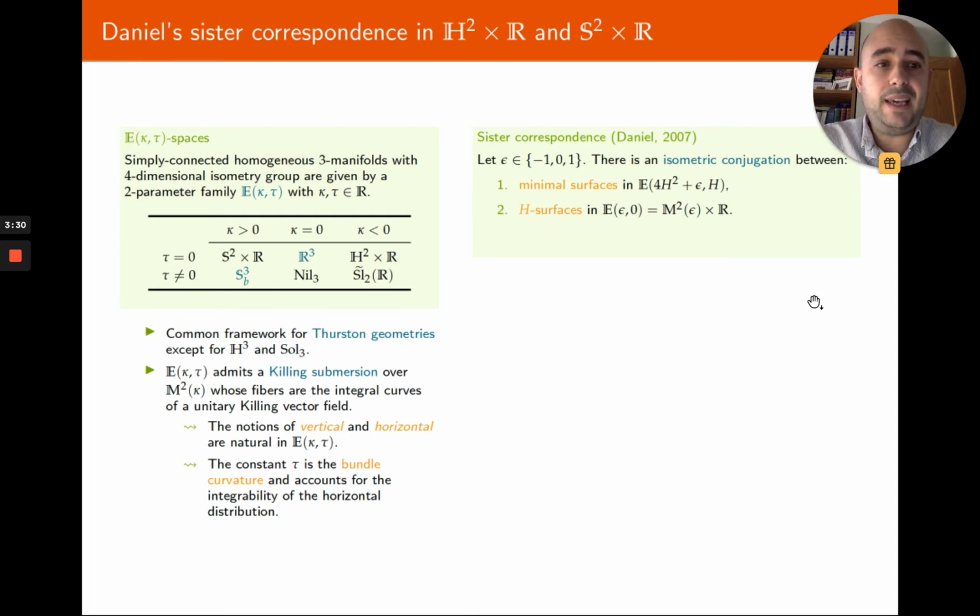As I say, this is a particular case of a more general isometric deformation of H surfaces, in which the deformation is carried out in such a way that it also deforms the ambient space. It is the same as the associate family of the helicoid and the catenoid, but here when we deform the surface, we also change the space.